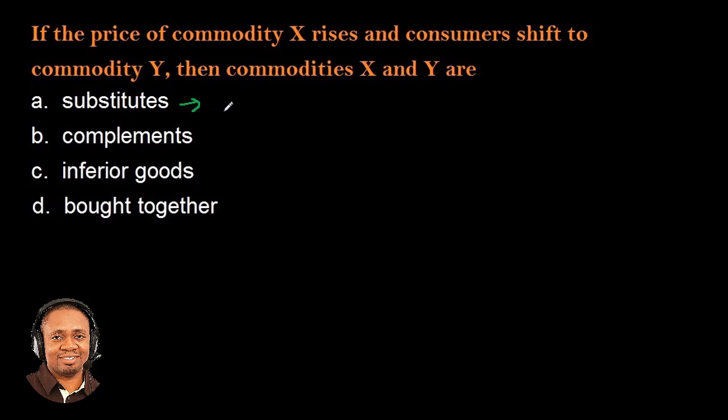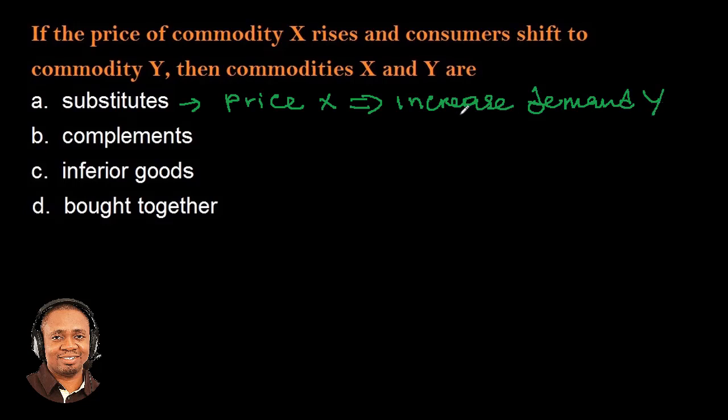This is the factor that is explaining the increase in price of commodity X, which leads to the increase in the demand of commodity Y. And this is as a result of the change in the relative price, because the price of commodity X has gone up while the price of commodity Y remains the same.